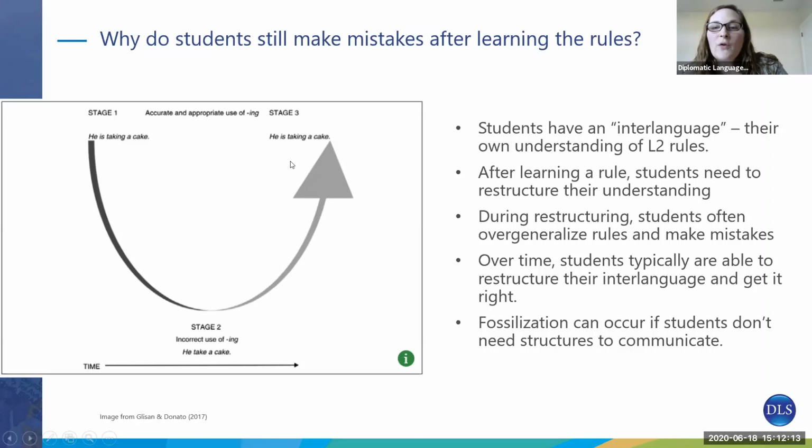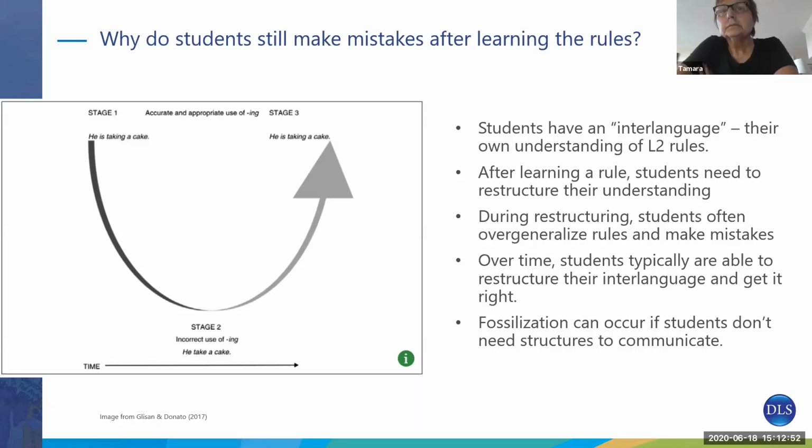So one thing to note though is that fossilization can occur during this curve. So it's possible that your student might be taught the rule here, and then they get somewhere over here and they get stuck. And one thing that might contribute to that is if the student is able to be understood without having to say the correct form, if this is good enough to get his meaning across, then he or she may never have to fully change their inner language.